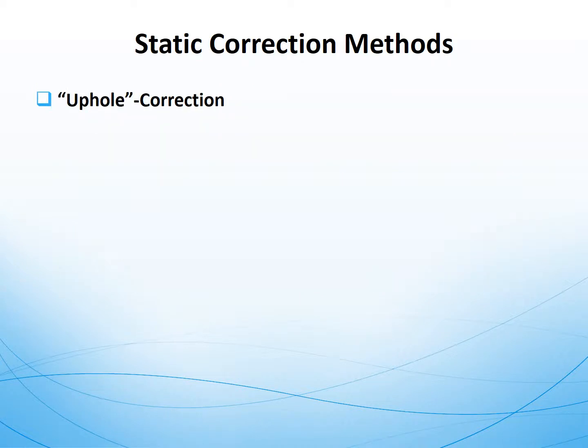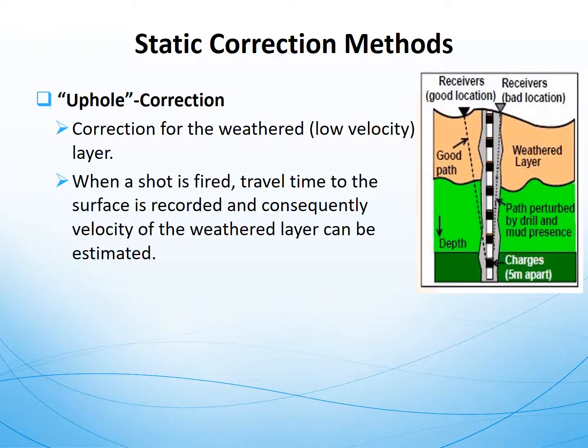Next method is by using the uphole correction. If you have a borehole, then it's very useful to use the borehole to identify the static value. When a shot is fired, in this case inside this borehole, the travel time to the surface is recorded and consequently the velocity of the weathered layer can be estimated.